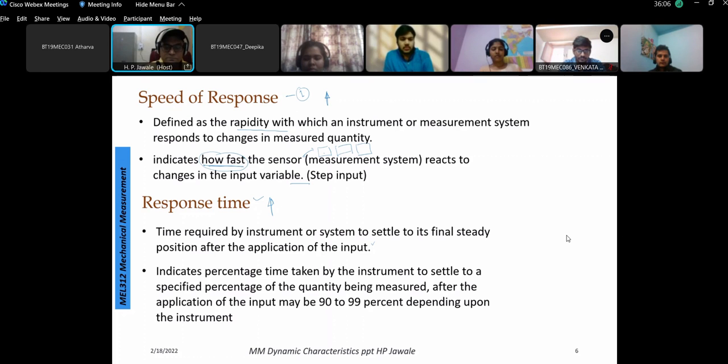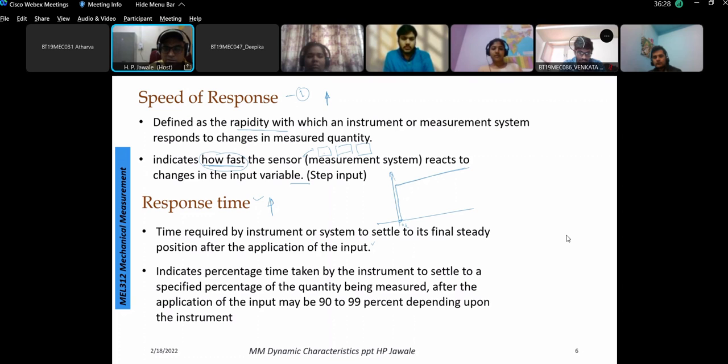Let us discuss that. Response time, coming back to the example of the thermometer, say this is the input at 0 time. I am going to show one separate line here indicating this as the 0 time t, and then I have applied the temperature input, say a thermometer applied to the human body.